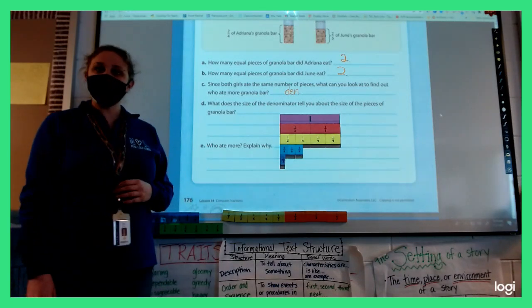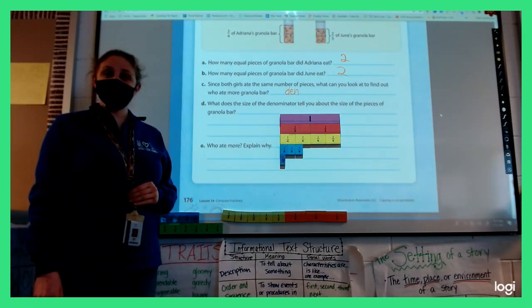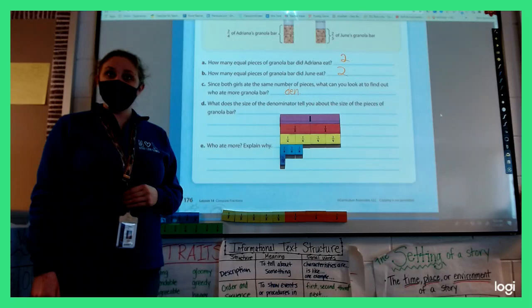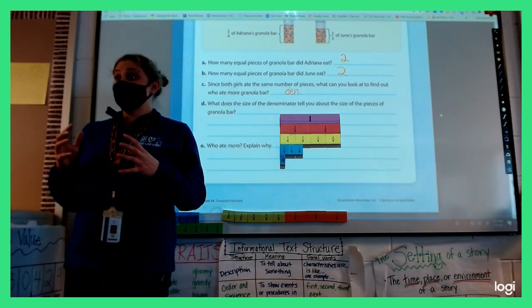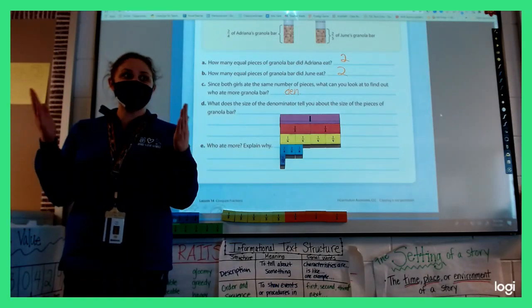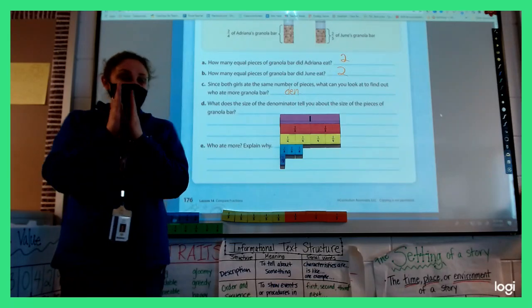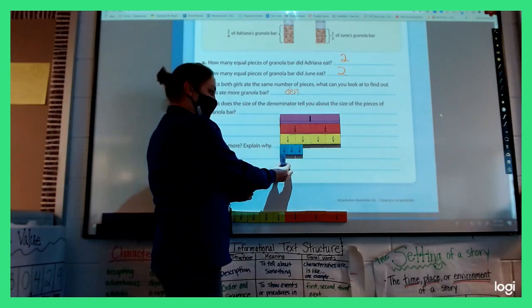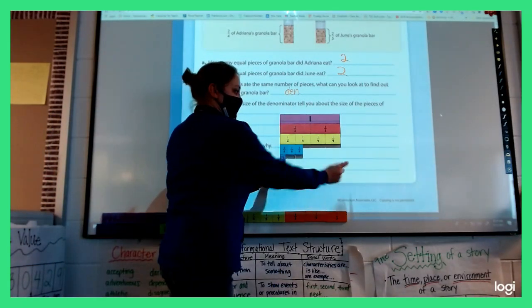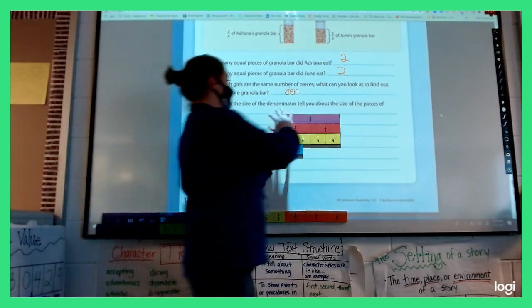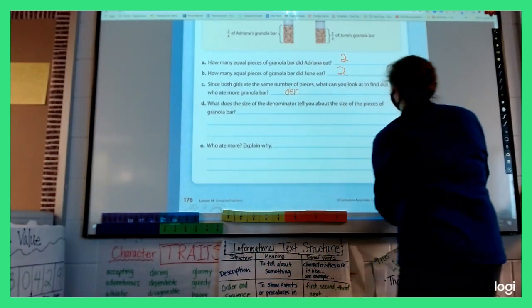Abby? It gets smaller when the denominator gets bigger. When the denominator is a larger number, our pieces are getting smaller, right? Because if we're splitting them up into 12 pieces, I need a whole bunch more of them to equal one whole. So let's slide this over and think about our question.